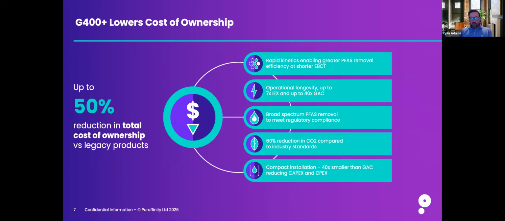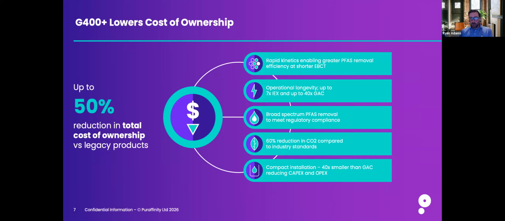On the POE side of the business, where you have water flowing through rather fast, the empty bed contact time is not an issue for us. I have some data in a few slides that I'll go over a little more, but those rapid kinetics allow us to remove it quite fast.